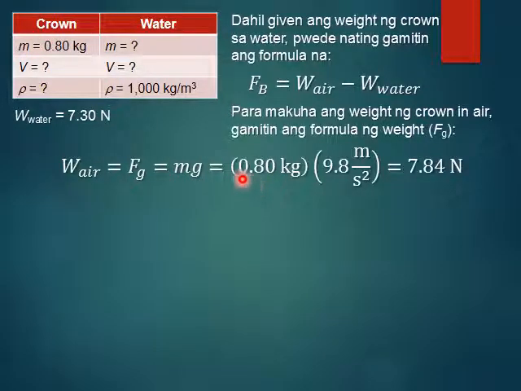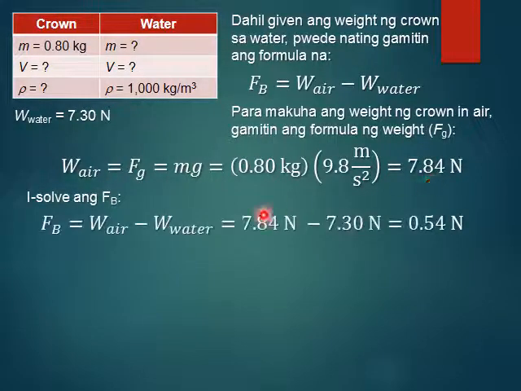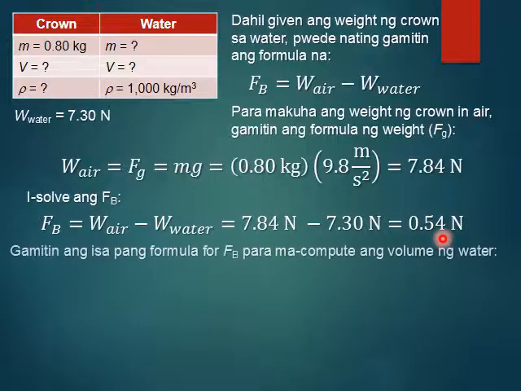So, that's 0.8 kilograms times 9.8 meters per second squared. So, we'll get a value of 7.84 newtons. Ito ngayon yung gagamitin natin para isolve yung FB. So, using this to solve for FB, you have the weight in air, which is 7.84 newtons, minus the given weight in water, 7.30 newtons. So, you'll have a buoyant force of 0.54 newtons.